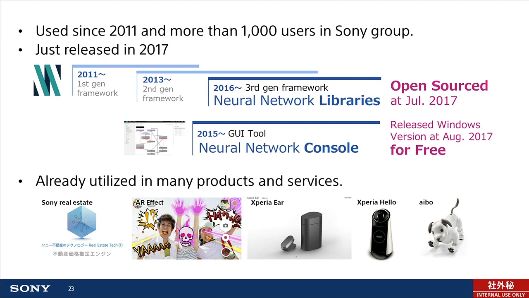So it's very sophisticated software. And we have utilized the GUI tool, Neural Network Console, since 2015, and it was released. So we released such proven software, already utilized in various products and services in Sony.